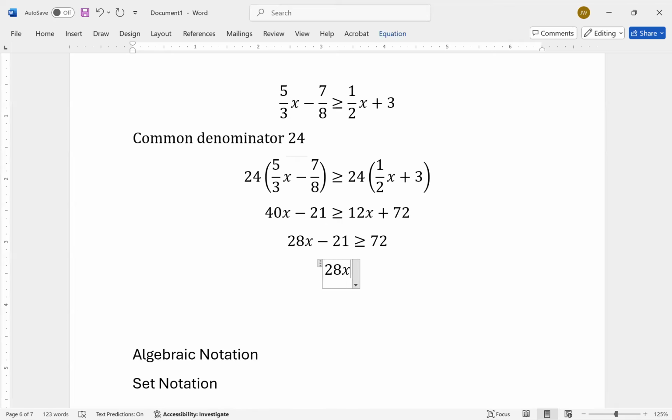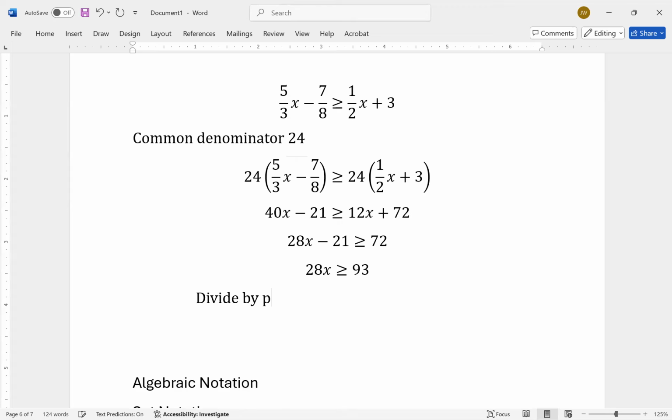We'd get 28x is greater than or equal to 93. Once I do that, I'd divide both sides by 28. Since we're dividing by a positive, the sign stays the same.